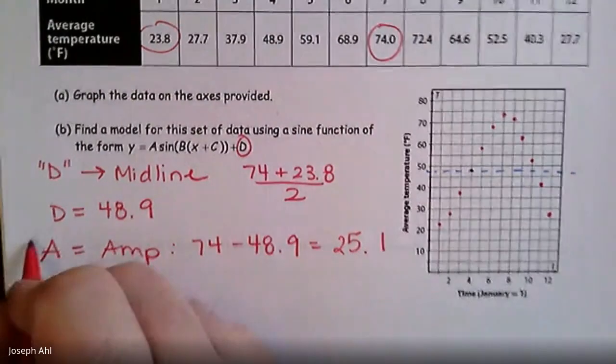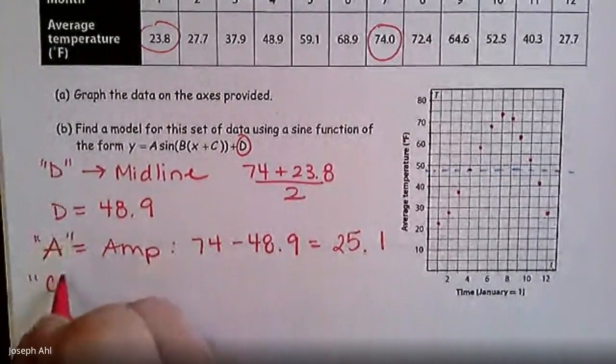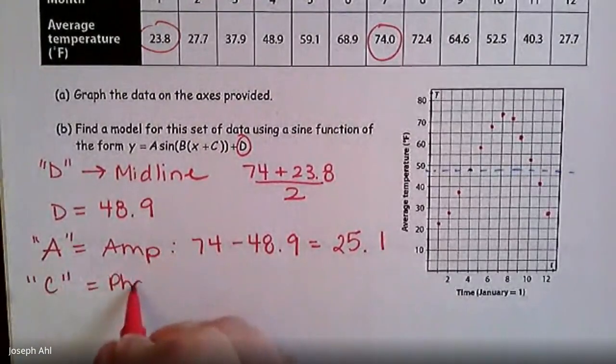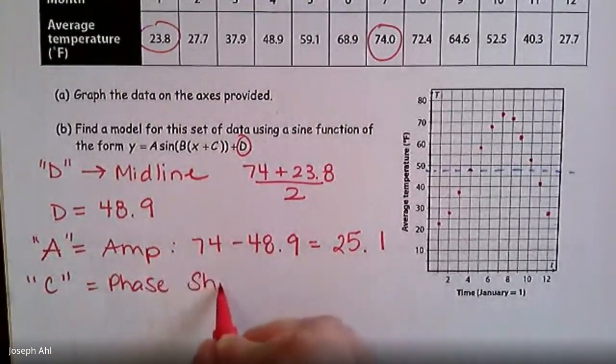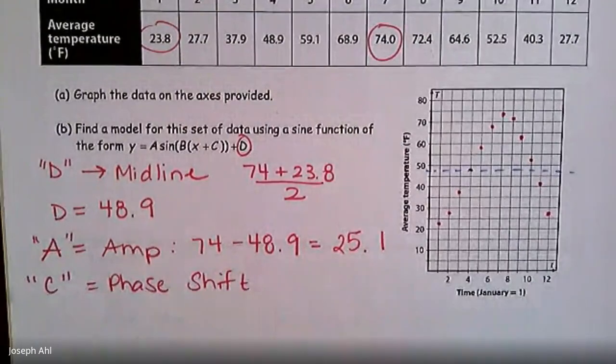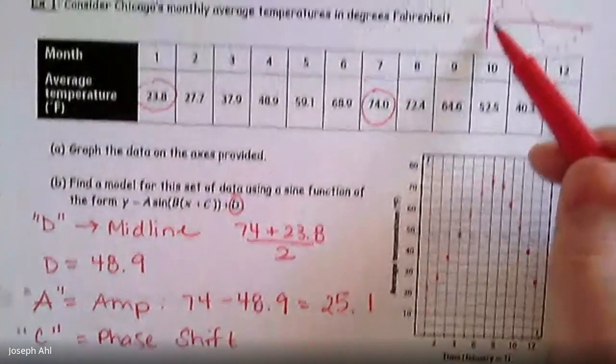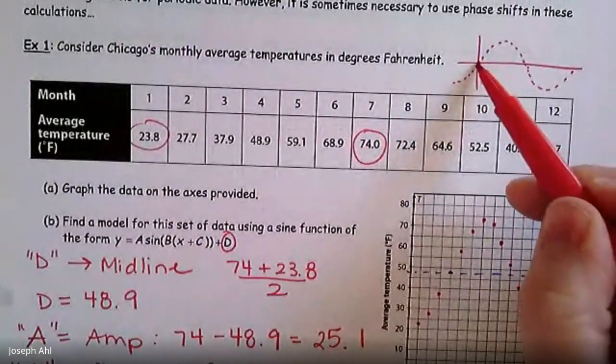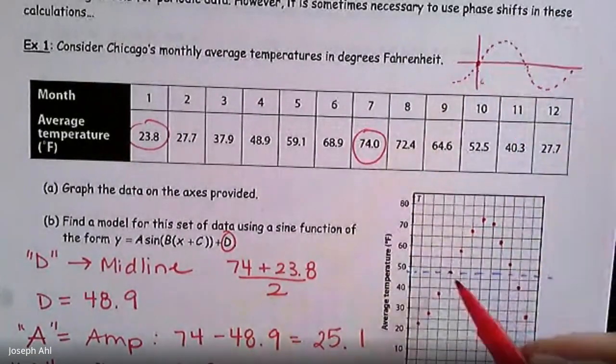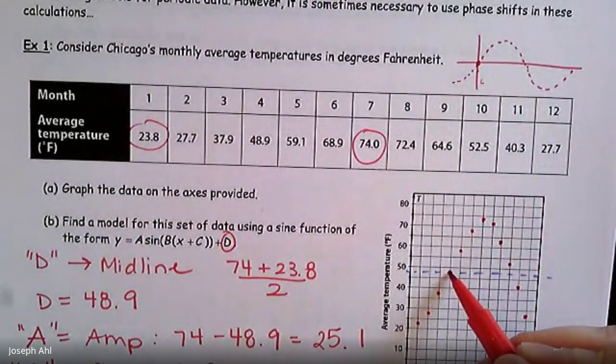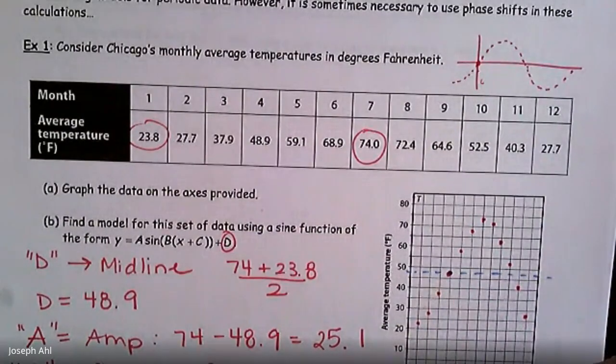Moving on to the value of C. C represents what's called the phase shift, and the phase shift is how far to the right or the left we've shifted. So if you notice the original parent function, the original parent starts right on that midline. And you'll notice in our graph, this function hits the midline at an x value of 4.